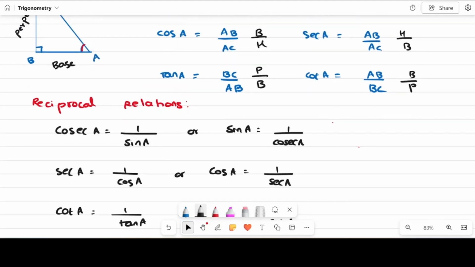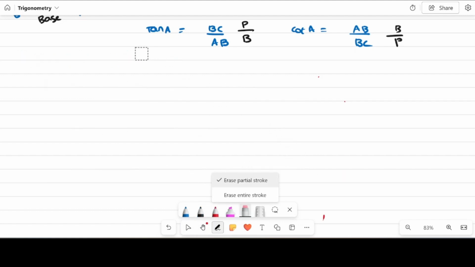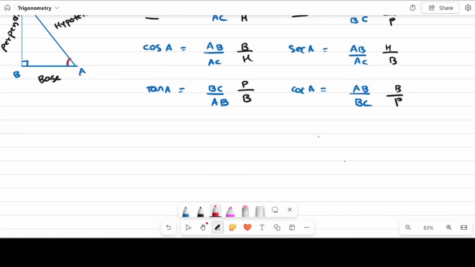Then we will see quotient relations. We know that when we divide two quantities, the result is nothing but the quotient. Now let us say we are dividing two quantities here, sine and cos.